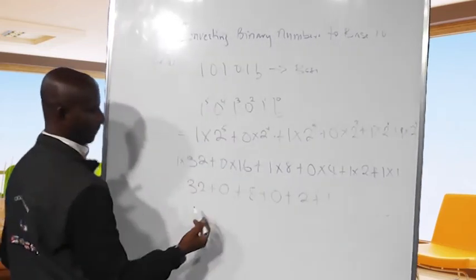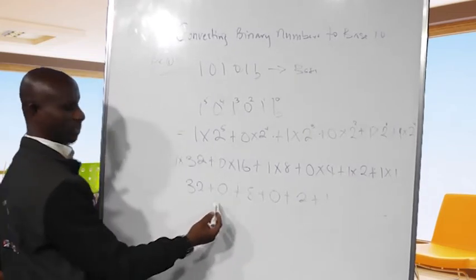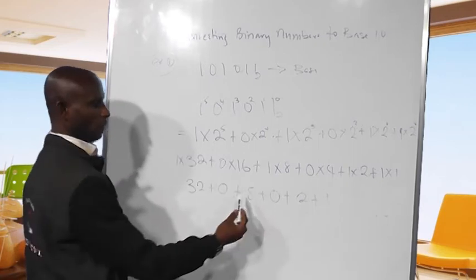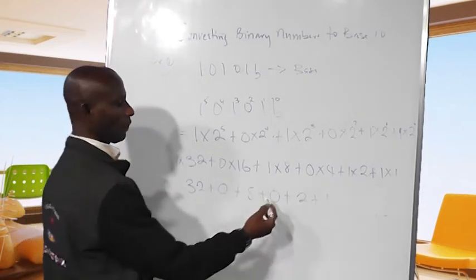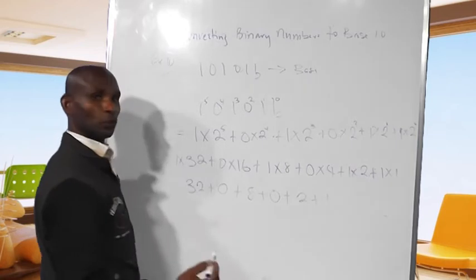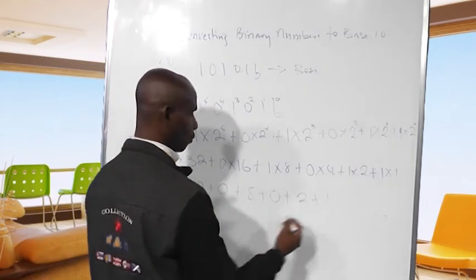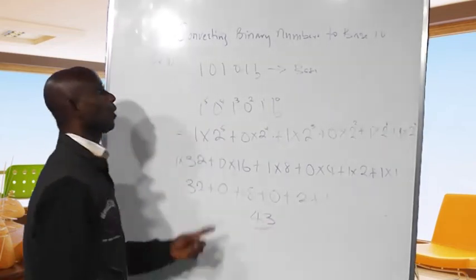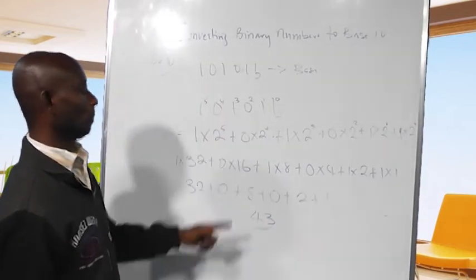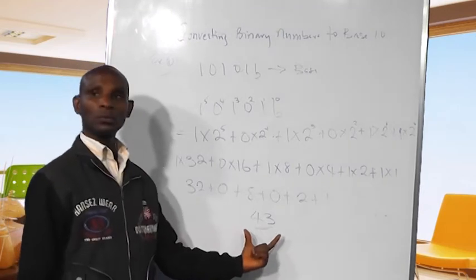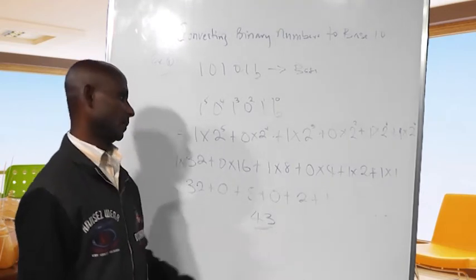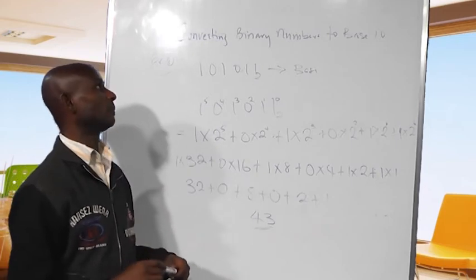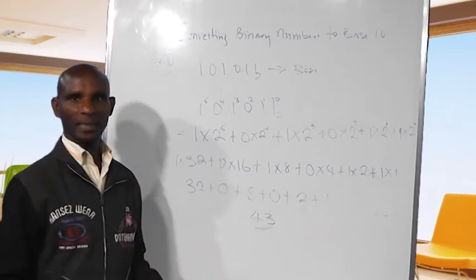So we add: 32 plus 0 is 32. 32 plus 8 is 40. 40 plus 0 is 40. 40 plus 2 is 42. And 42 plus 1 is 43. So 101011 base 2 is equivalent to 43 base 10. That's one example of converting binary numbers to base 10.